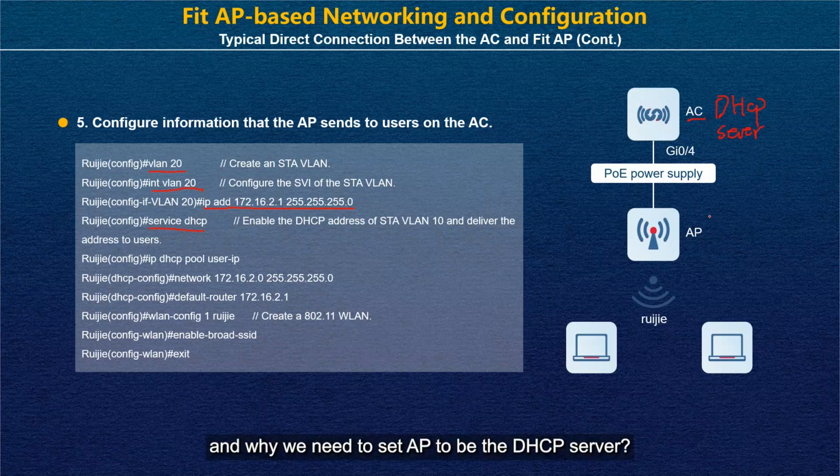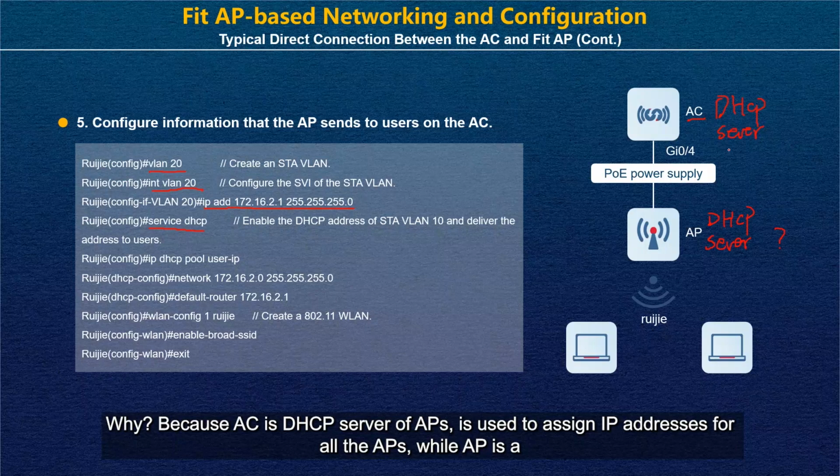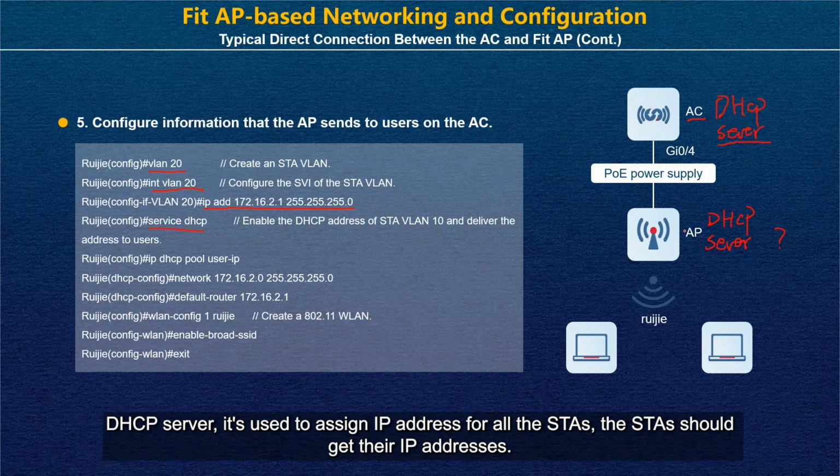And why do we need to set AP to be the DHCP server? Because AC is the DHCP server of APs. It's used to assign IP addresses for all the APs, while AP is a DHCP server used to assign IP addresses for all the STAs.